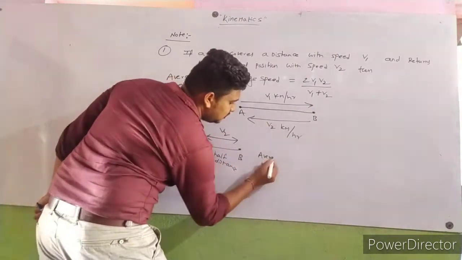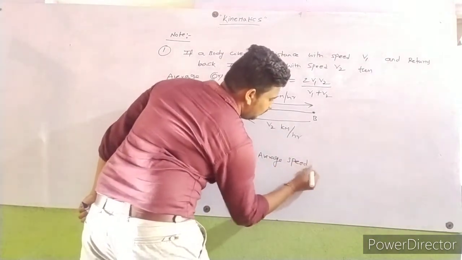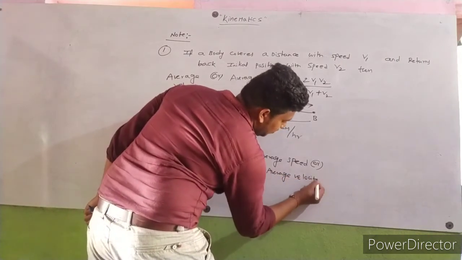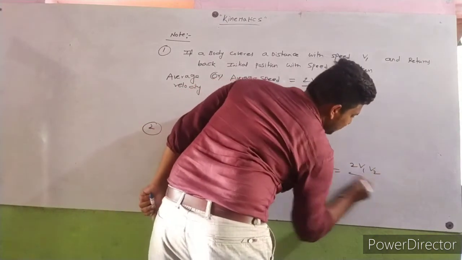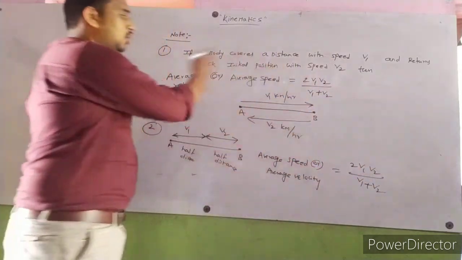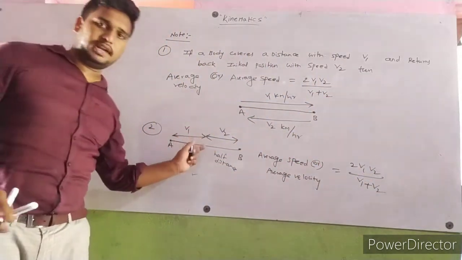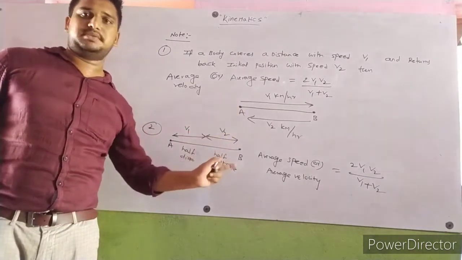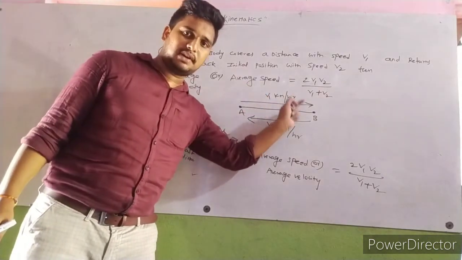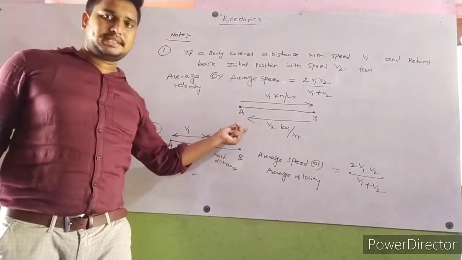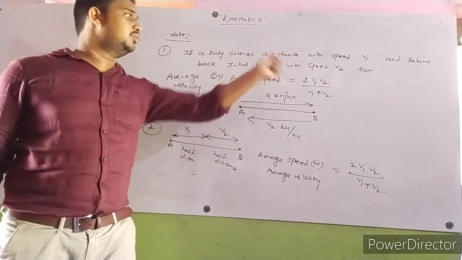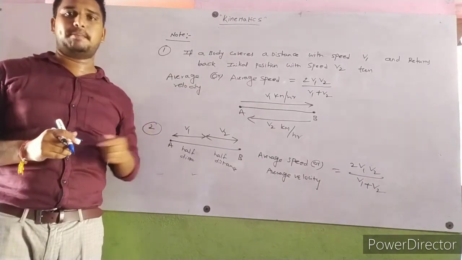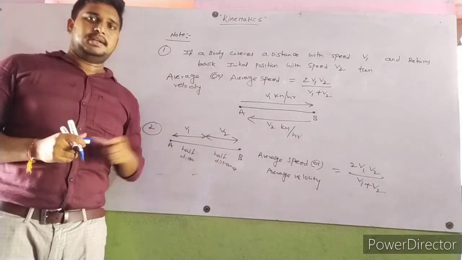At that time also, average speed or average velocity is equal to 2V1V2 by V1 plus V2. So these two are note points. Half of the distance covered in V1 and the other half in V2, then average speed is 2V1V2 by V1 plus V2. Total distance covered at V1 kilometers per hour and return back at V2 kilometers per hour, at that time also 2V1V2 by V1 plus V2. These are the two note points we have to apply for any numericals given like this.